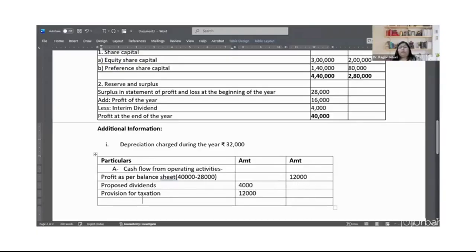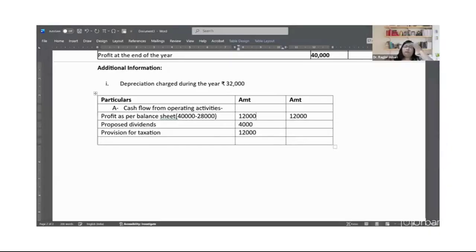Then we can have it here itself, so that now finally we can add. So added up all these together, what do we get?